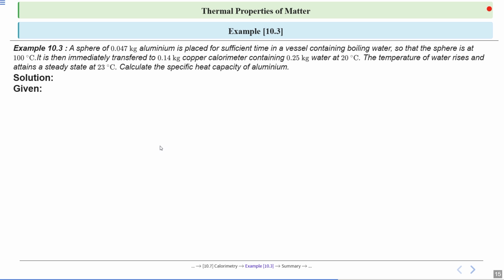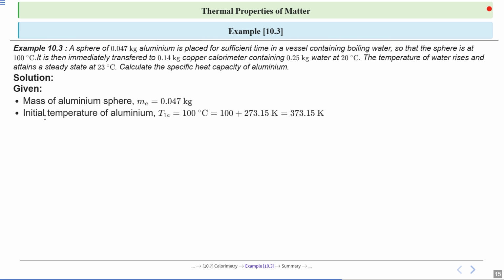So given terms: mass of the aluminum sphere Ma is equal to 0.047 kg. And the initial temperature of aluminum is 100 degrees Celsius. But the SI unit of temperature is Kelvin, so here we need to convert degrees Celsius to Kelvin by adding 273.15. So it will be 373.15 Kelvin. All right.